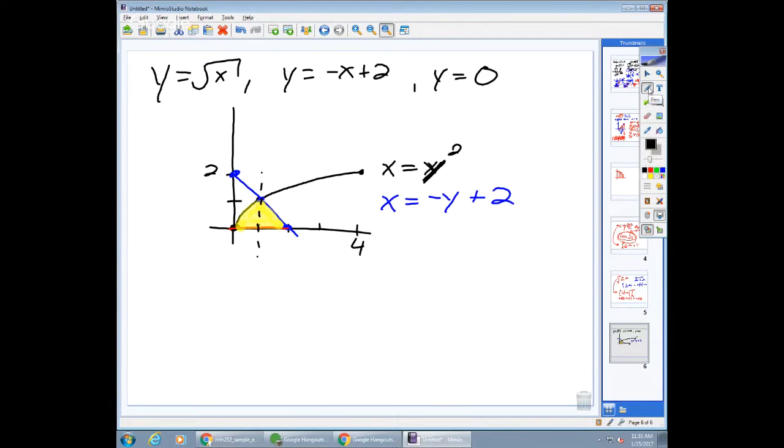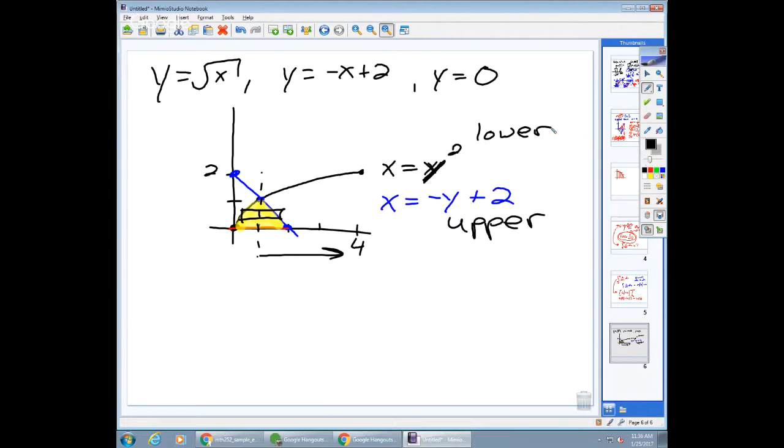All right, and so the blue function is on top when we look at this with horizontal rectangles, because x moves in a positive direction that way. So this blue function is my upper with respect to y, and this guy is my lower.